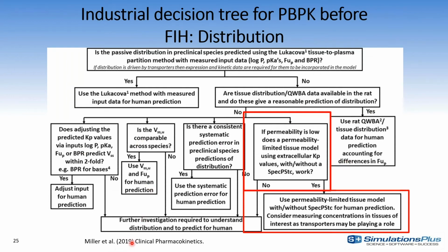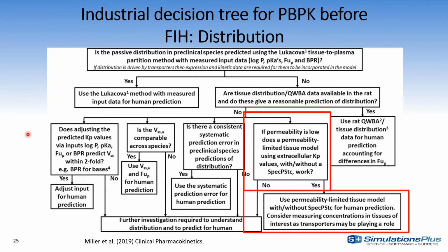When they published the paper in 2019, we didn't have the method for lysosomal trapping. So usually, to account for that effect, we will increase the RBP by some folds to see if we can match the VSS.